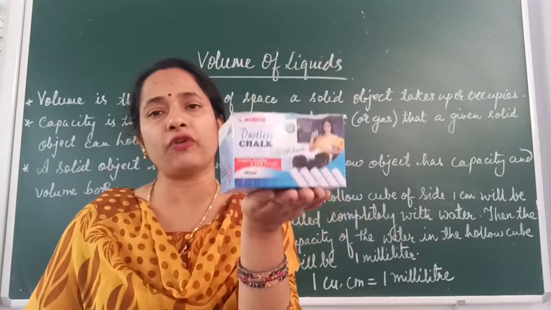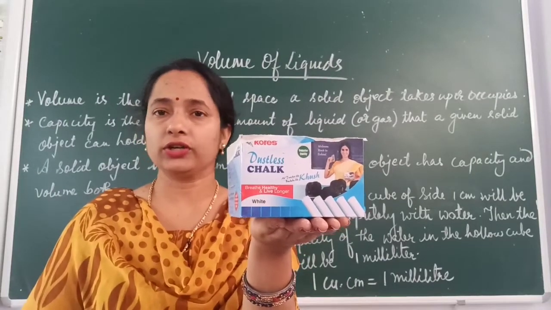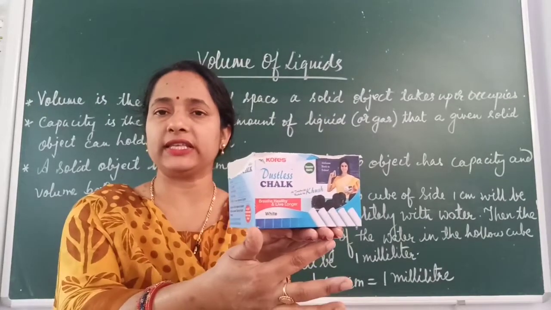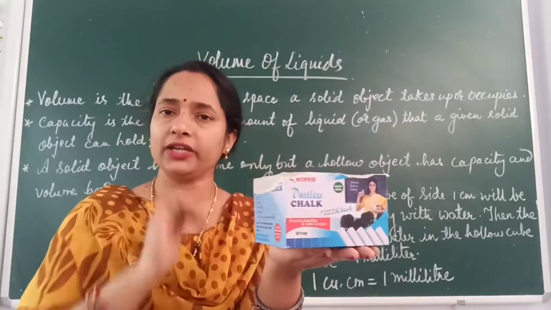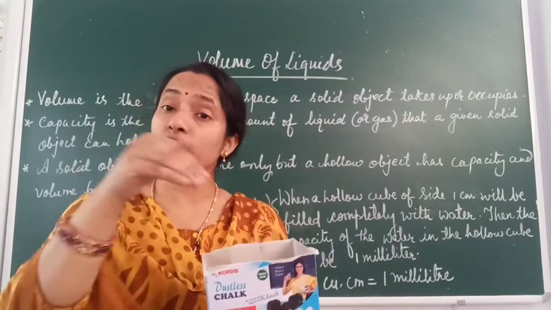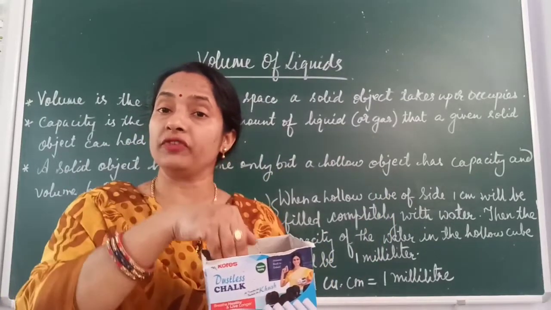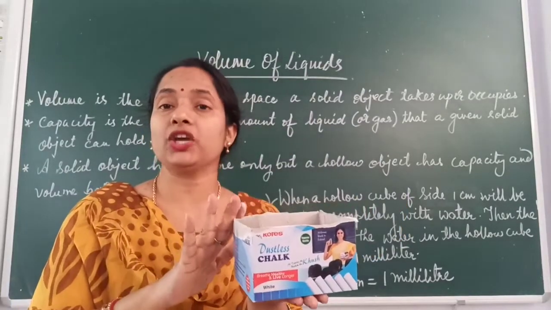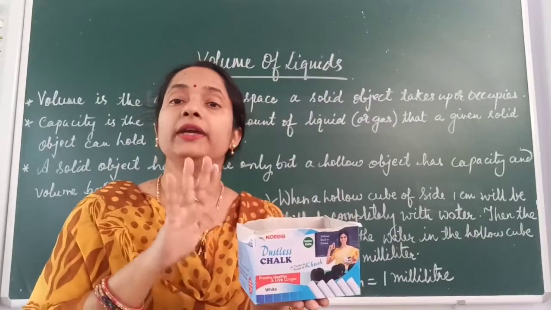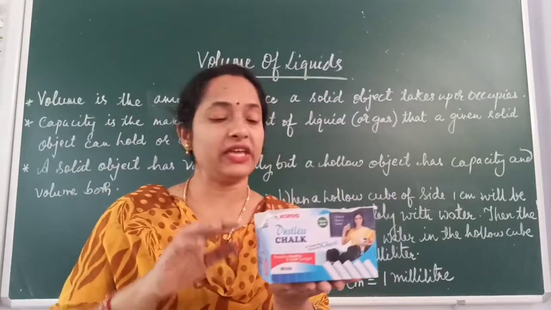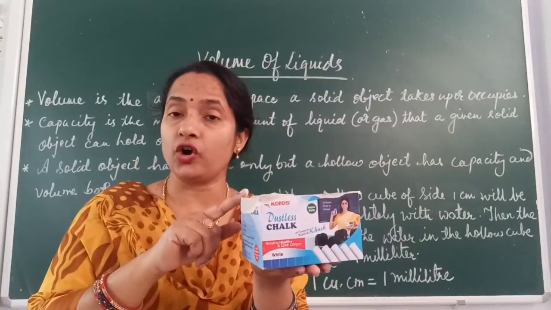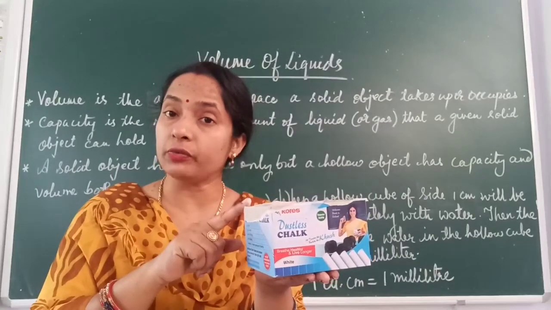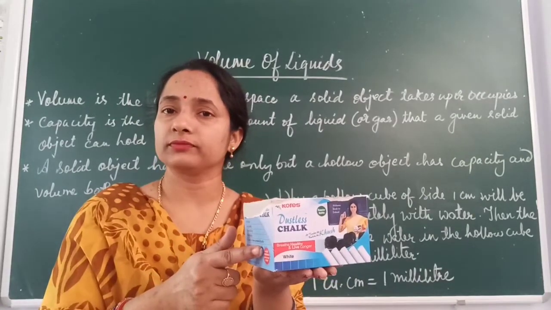If you go for the volume of the object, it can be found very easily by multiplying the length, breadth and height of the object. Whereas how much quantity of liquid can be poured into it, or what is the capacity of this particular cuboid, how can it be found? Always remember, the capacity of a hollow container will be equal to its volume.